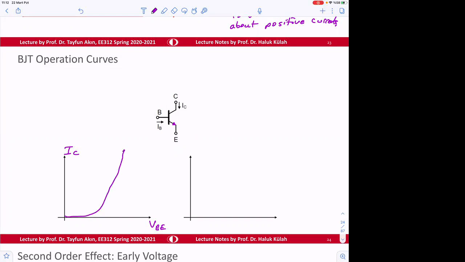We call this voltage the VBE on voltage. Again, it's like a diode voltage, and the current is changing like this.